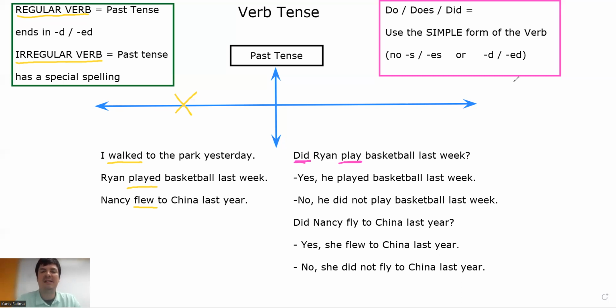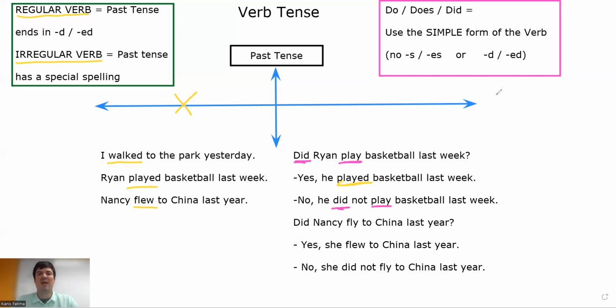So yes, he played basketball last week. Or again, if we use do, does, did, we use the simple form of the verb. No, he did not play basketball last week. Again, no D or ED.